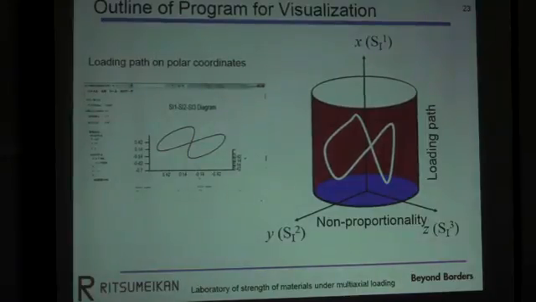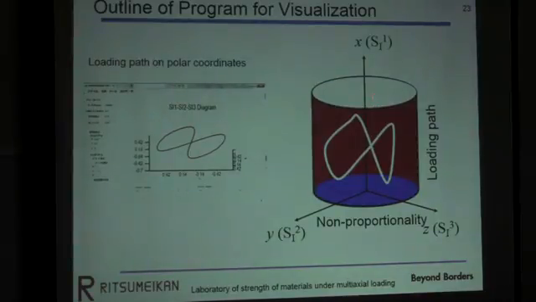This picture roughly shows the meaning of the stress amplitude and non-proportionality. This is the example for the butterfly path. This is the path in the polar figure here.